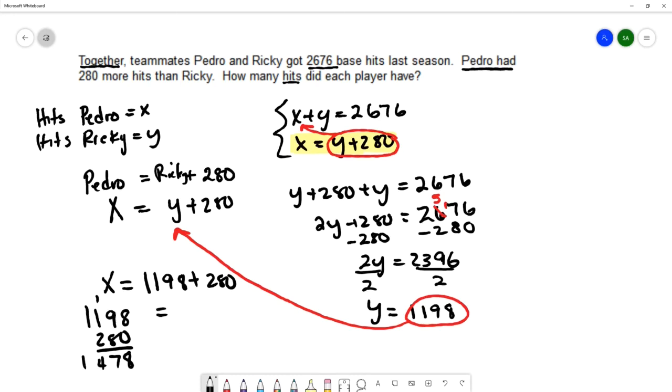That is 1,478. So Pedro has 1,478 hits, and Ricky has 1,198 hits.